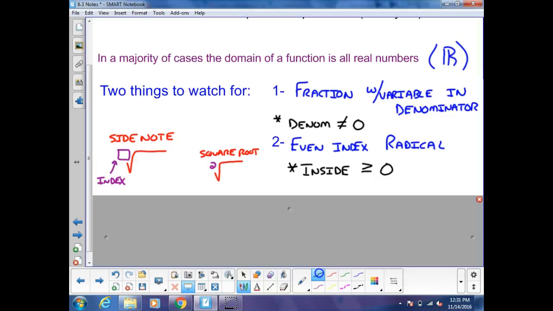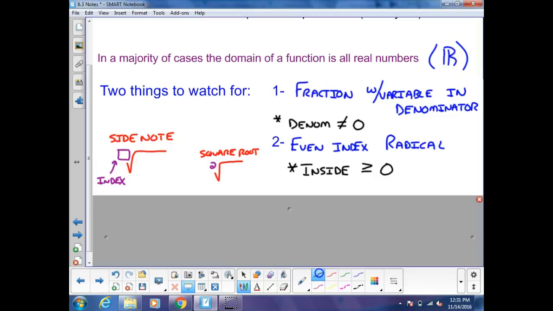We're not dealing with imaginary numbers in the domain. We're only looking for real numbers. So those are the two things that you're going to ask yourself every single time. Does it have a fraction with a variable in the basement? Does it have an even index radical? If the answer is no to both of those, your domain is all real numbers.